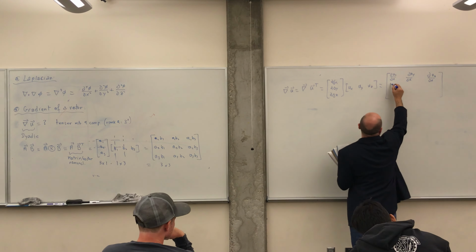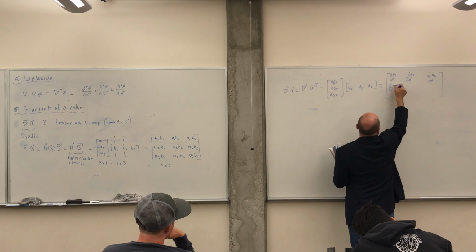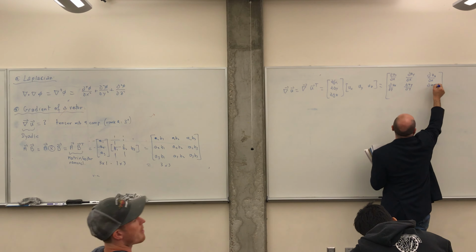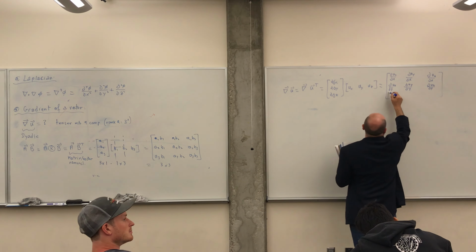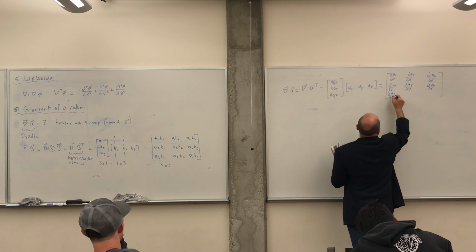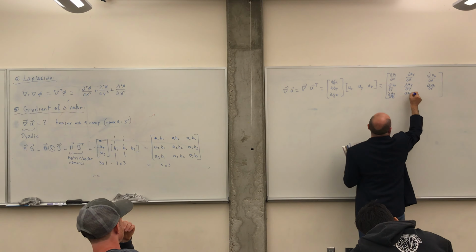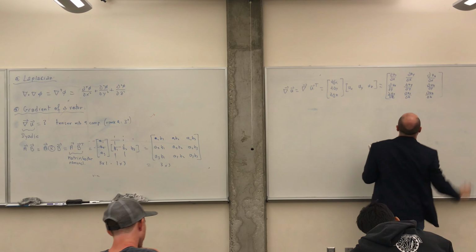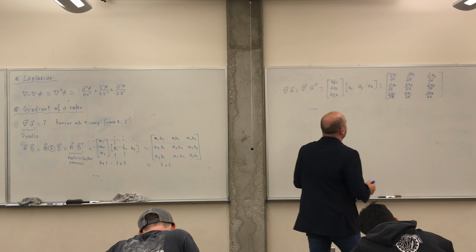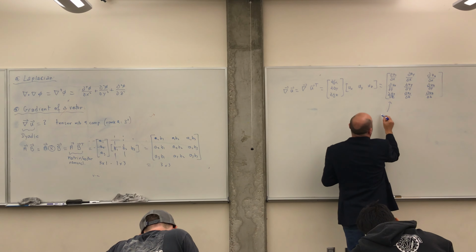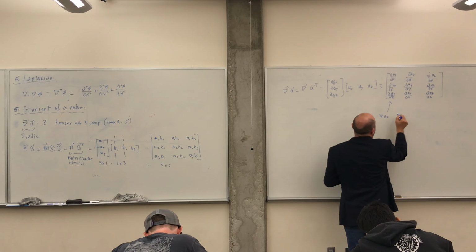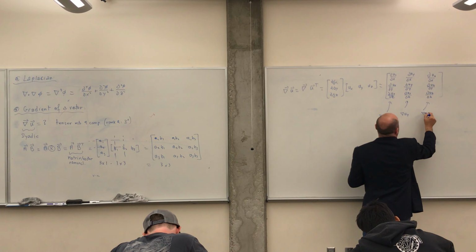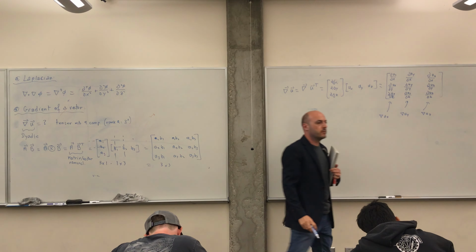The second row is going to have d by dy of ux, uy, and then uz, and then dux by dz, duy by dz, and duz by dz. Okay? So this one is grad ux, and this one is grad uy, and this one is grad uz. Okay, columns.